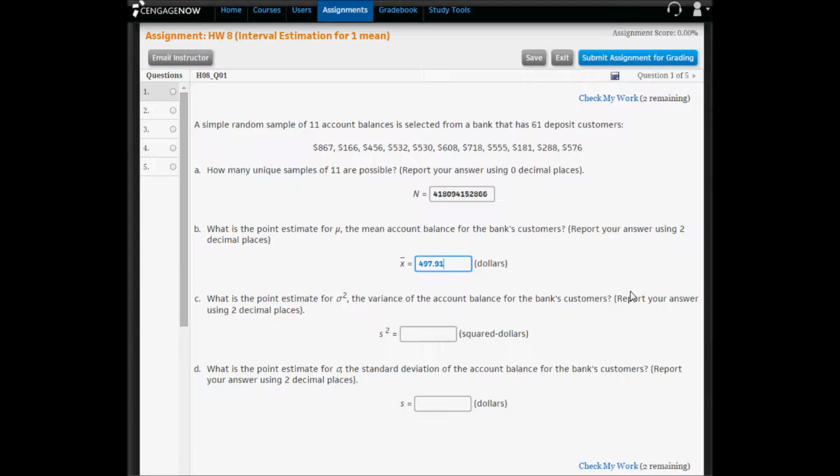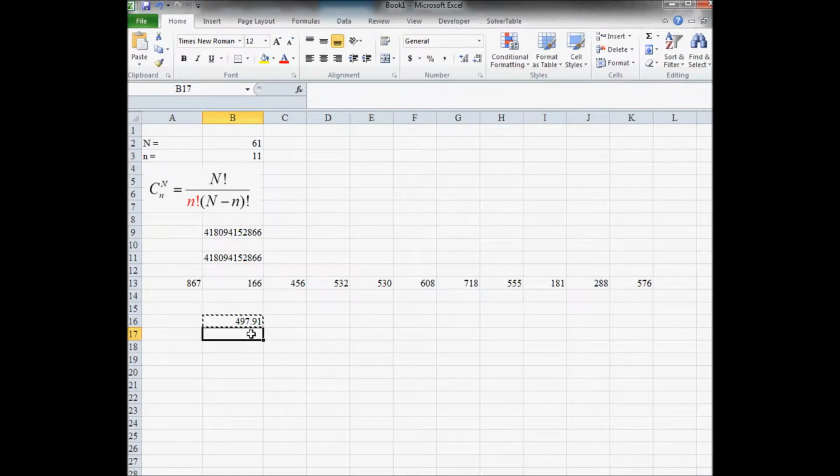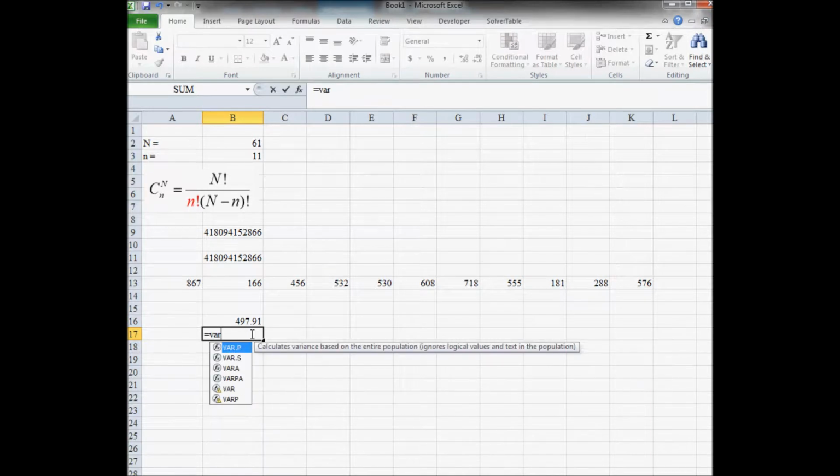The next thing we need to do is calculate the point estimate for sigma squared. Sigma squared is the population variance of the account balance for the bank's customers. We cannot know sigma squared, but we can estimate it with the sample variance. Since we already have the data pasted into Excel, all we have to do now is type VAR.S for variance.